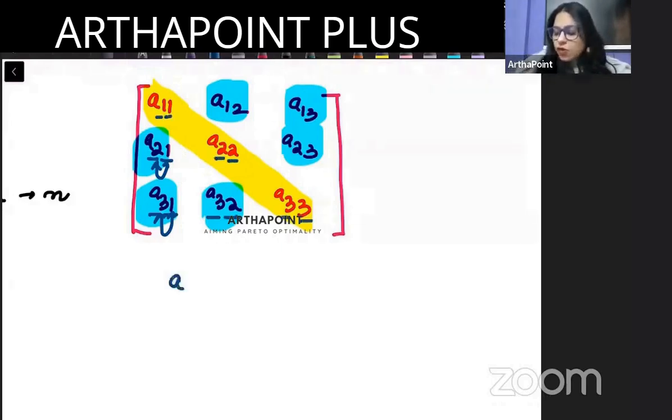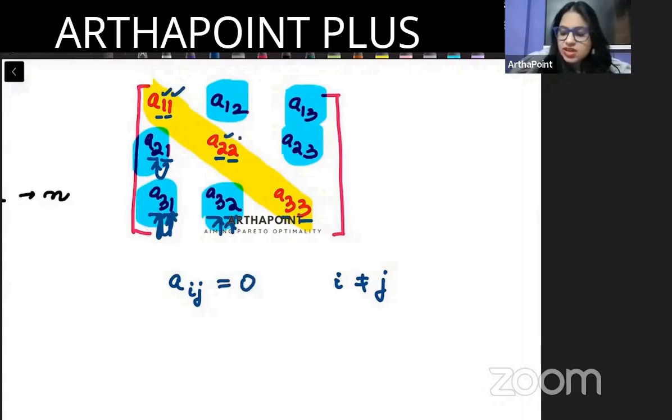It means I want that whenever i and j are not equal to each other, जब भी ये i और ये j बराबर ना हो, when they are not equal to each other, then I want those elements to be zero. And whenever these i and j are equal to each other, then I want it to be non-zero.